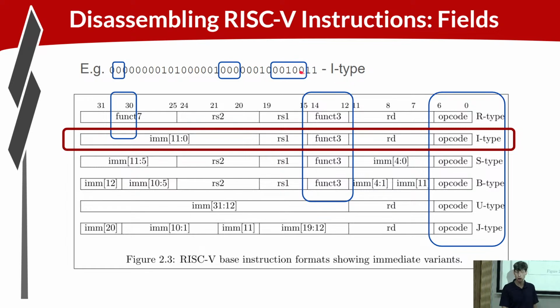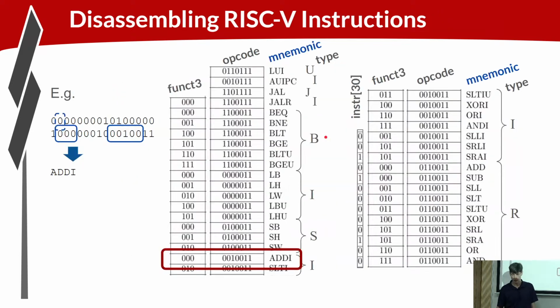So to figure out the instruction mnemonic, we need to look also at funct3 and maybe bit 30. So here we have funct3 of 0 with an opcode 00100, and bit 30 is 0. So that matches up.